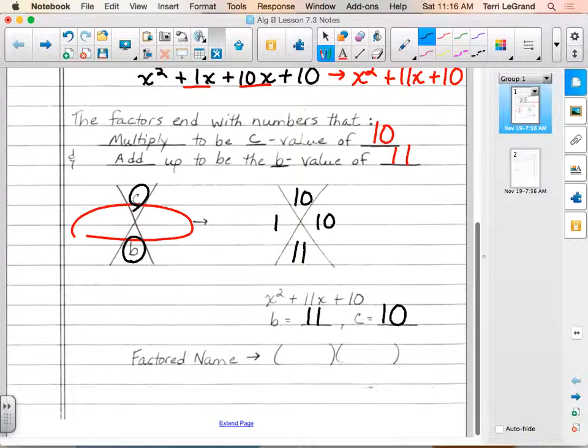Our factored name, we're going to say, is x plus, what did we get here? This is where we're going to get those from. So we have x plus 1, x plus 10. So it's showing you how we get to those factors. We already verified up above that those factors multiplied out to x squared plus 11x plus 10. Now I'm showing you how to get to it using the diamond method.